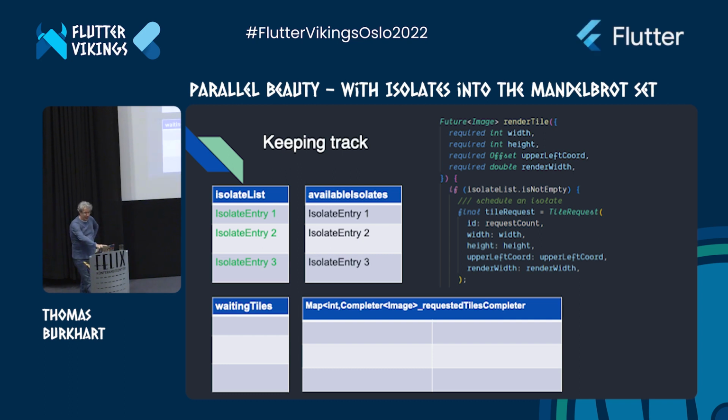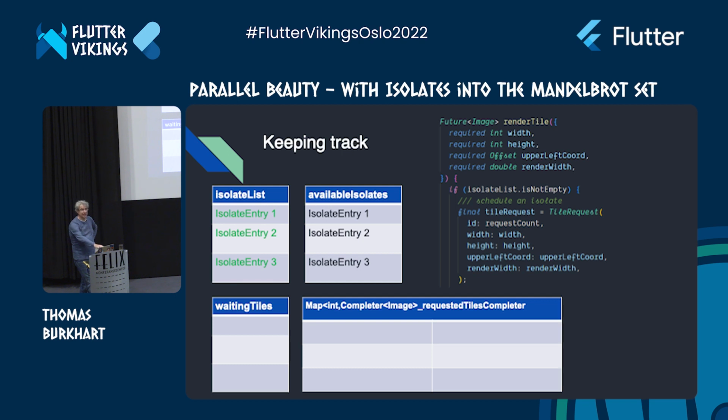Now we have a little bit more detail of the render tile function. If the tile widget calls render tile, what it does is it checks first the isolate list that we have, and then it creates a tile request, which contains the request count.